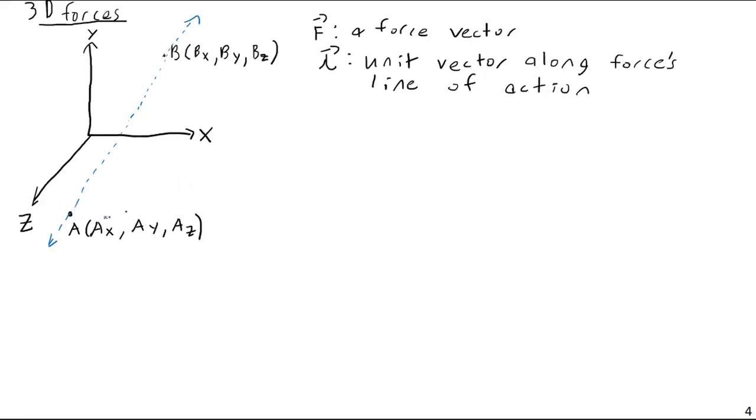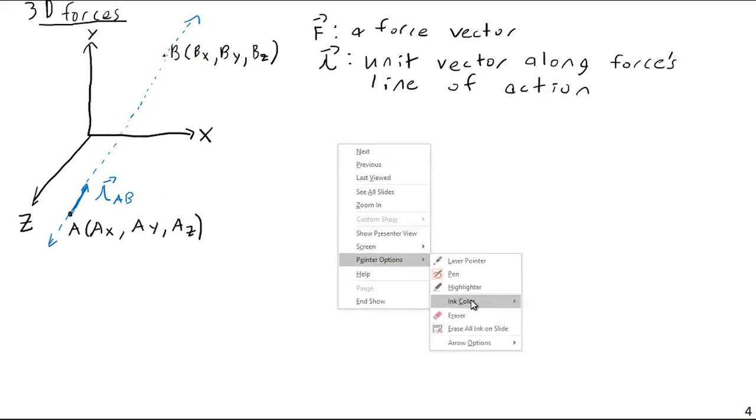And let's say this is lambda AB. So lambda AB is going to be the unit vector of the line from A to B. And then the force is going to act along that line.